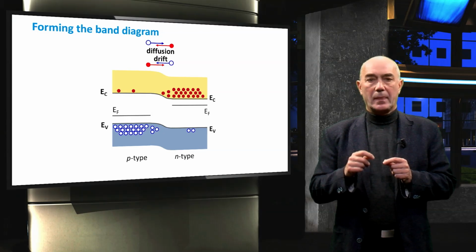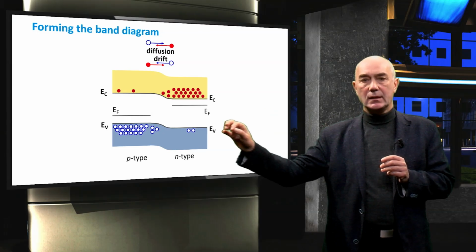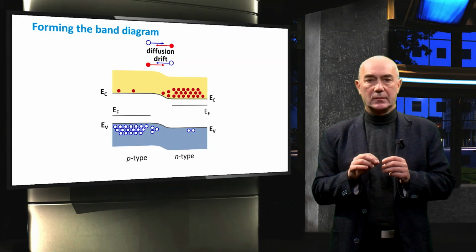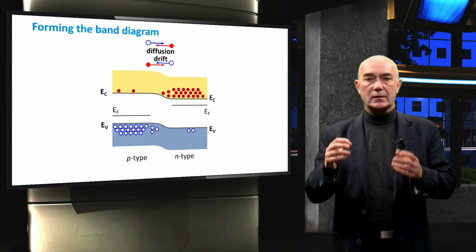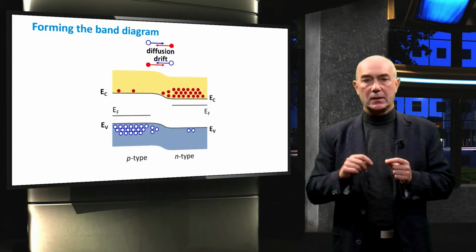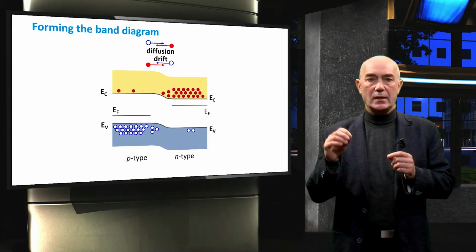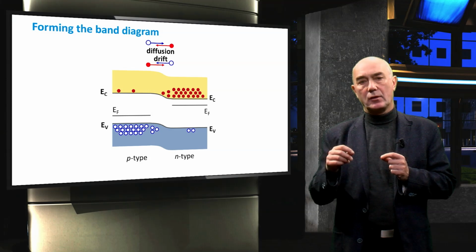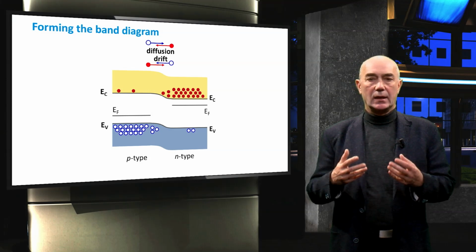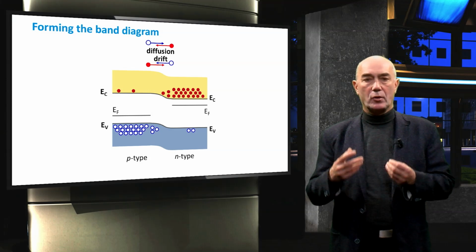So how far does the bending in the band diagram edges go? What will the final slope look like at thermal equilibrium? In order to answer that question, let's think of our semiconductor device in terms of something a bit more familiar.